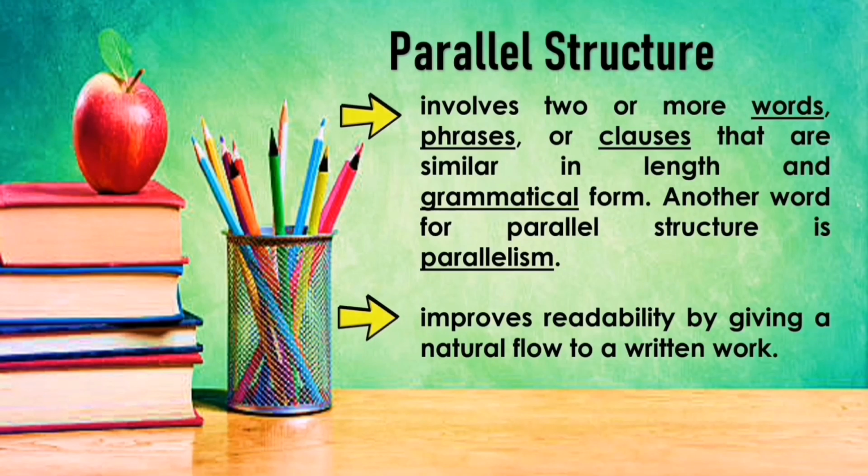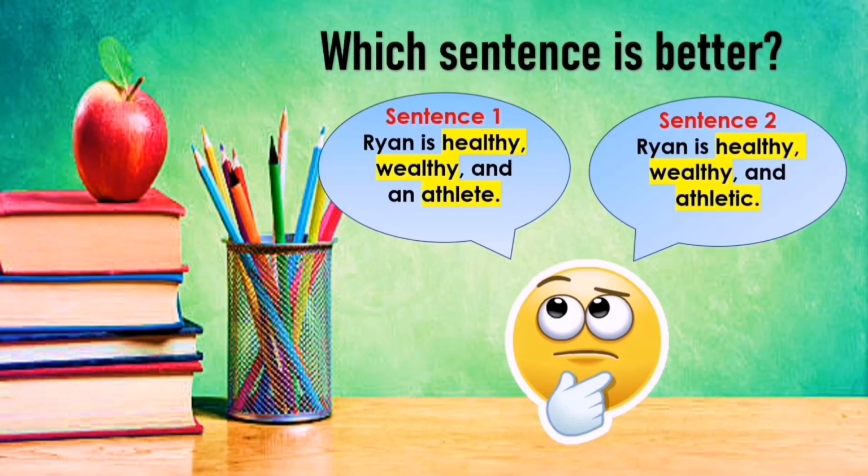Parallel structure involves two or more words, phrases, or clauses that are similar in length and grammatical form. Another word for parallel structure is parallelism. Parallel structure improves readability by giving a natural flow to a written work. Let's go back to the question on which sentence is better.